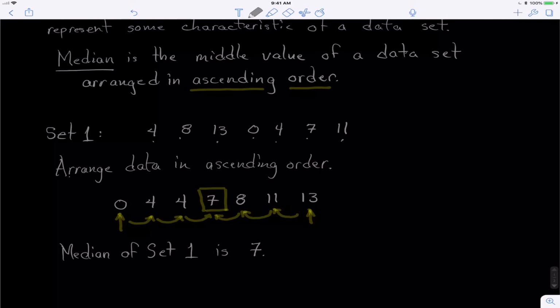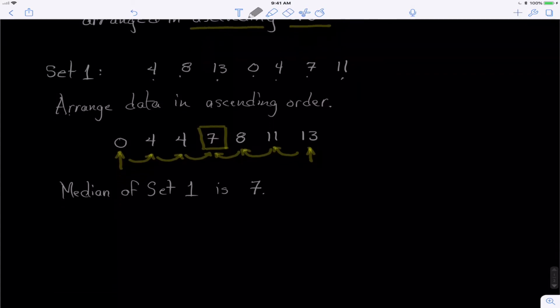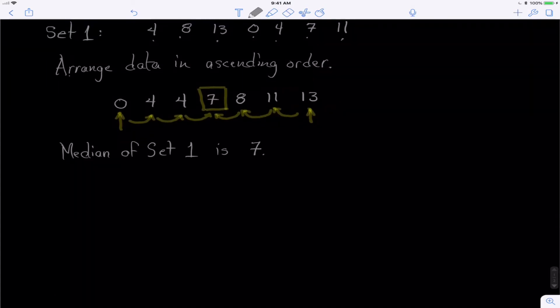Okay, now let's take a look at a second set of data. We're going to call this data set 2. And let's give it some numbers.